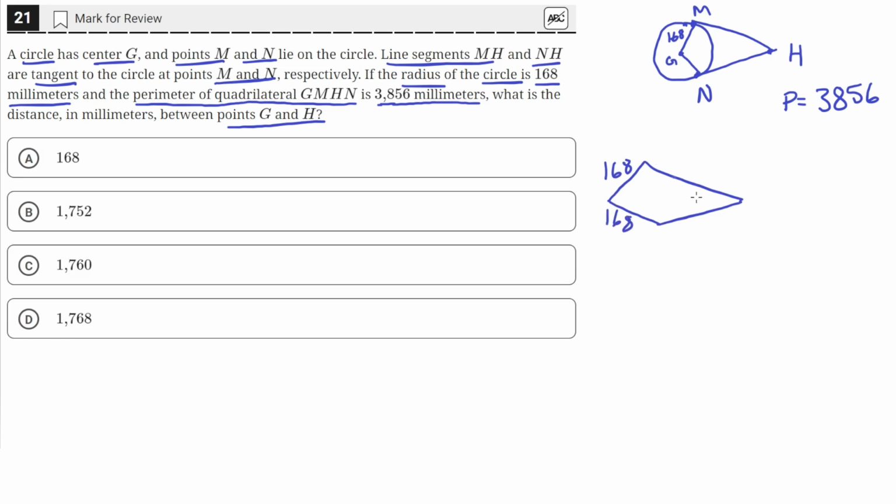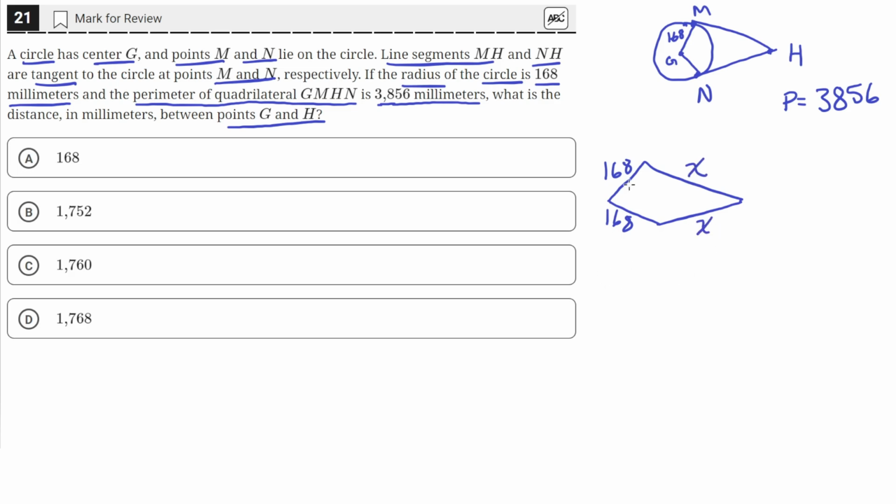And so we need to find the lengths of these two sides. Well, we know that these two sides are equal, and we know that the perimeter adds up to 3,856. So let's just say these two sides are both of length x.